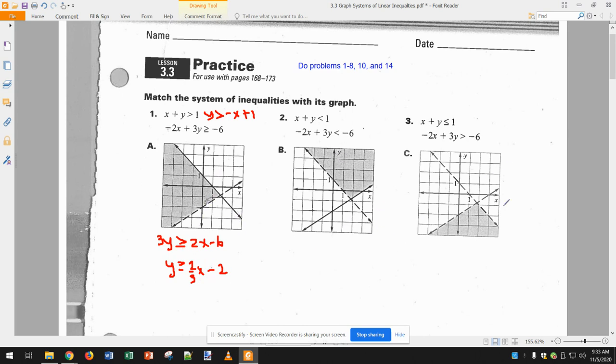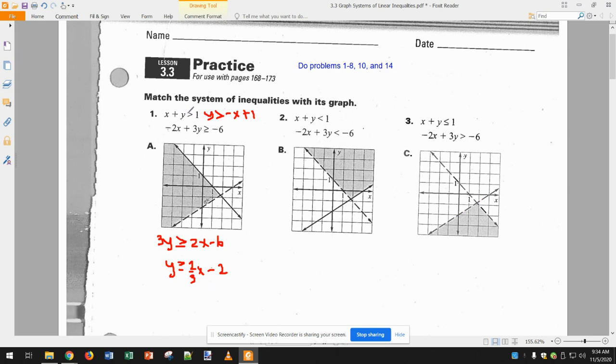And notice all the lines are in the same place, so it's just a matter of the shading and whether they are dashed or solid lines. So this first one, negative x plus 1, but it's going to be a dashed line because of the strict inequality. So it can't be A, it's got to be B or C. But then C, they're both dashed. And in number 1, we have a mix.